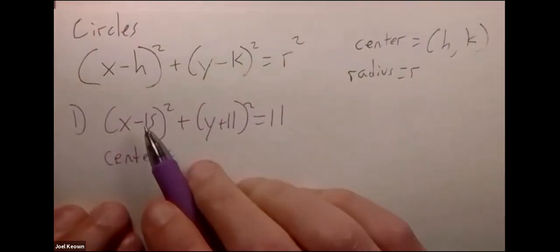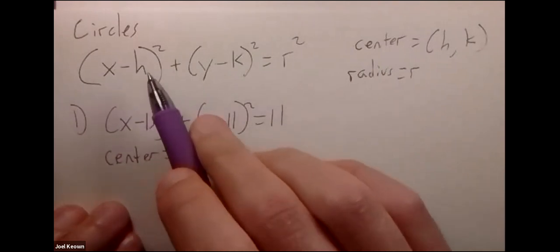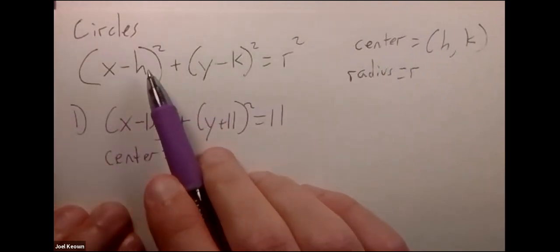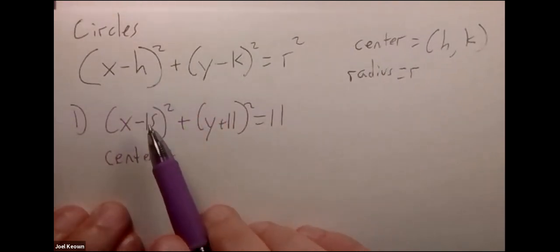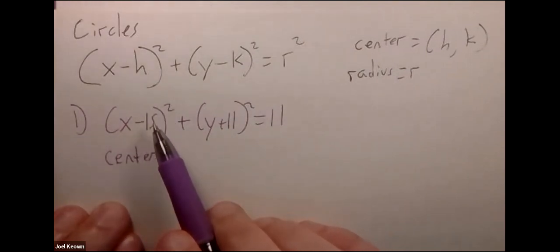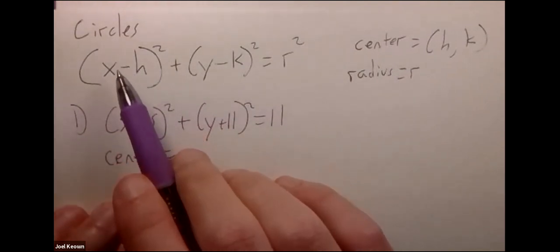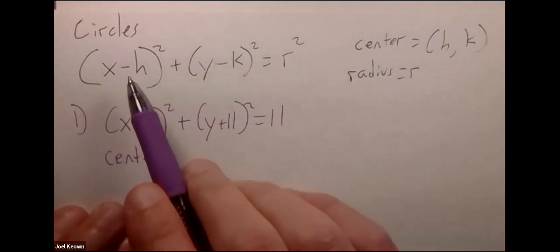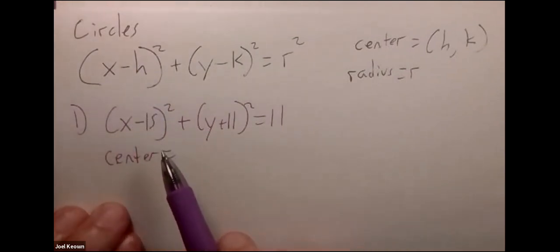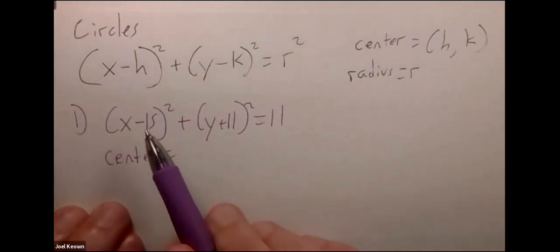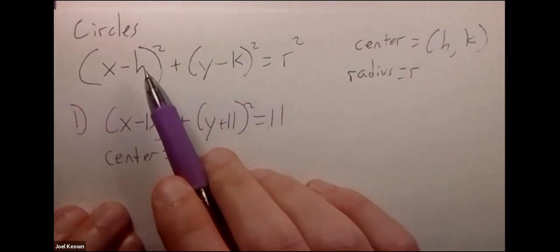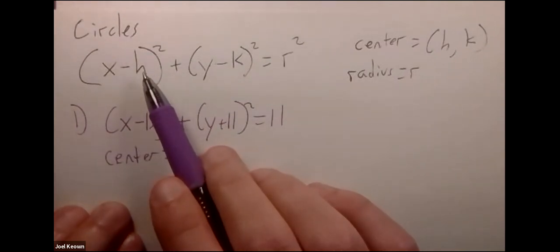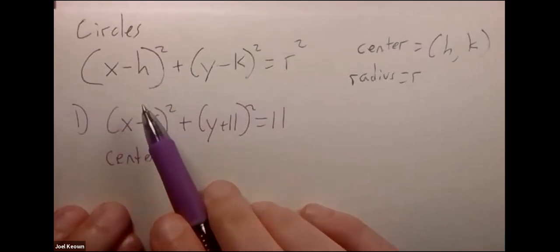Well, this value is the x value of the center. And notice it's x minus h, so I want to do the opposite sign because it's minus. If it was plus, I'd keep the signs the same. But because it's minus, I'm not going to say the x value is negative 15, because if I put negative 15 in for h, a minus and a negative actually make this positive.